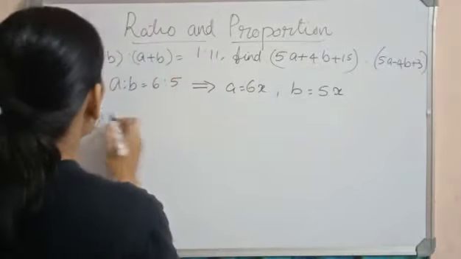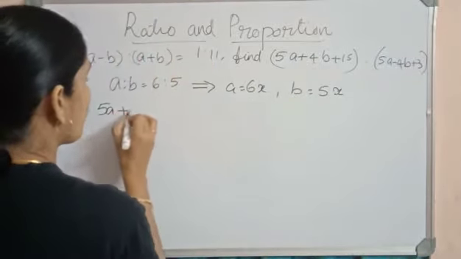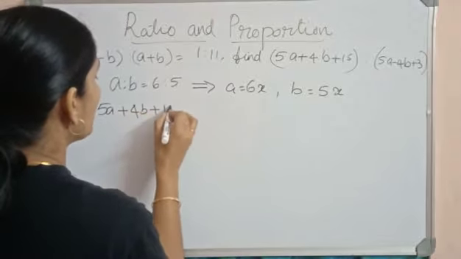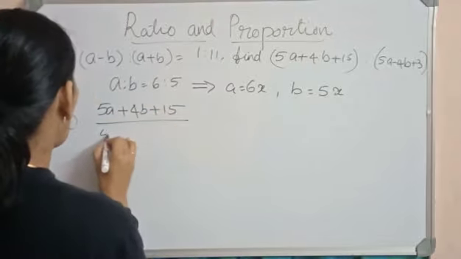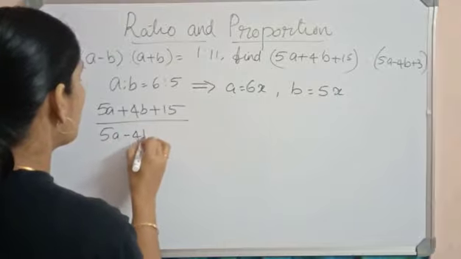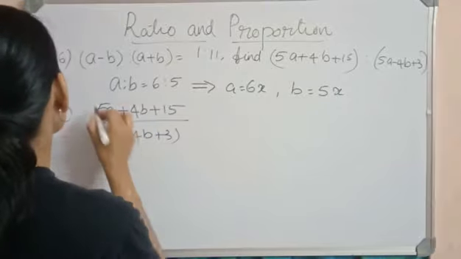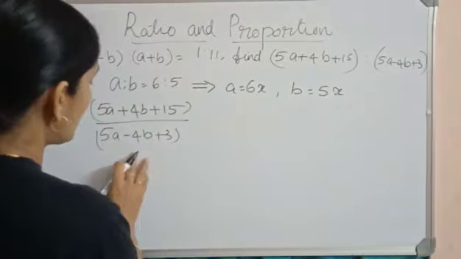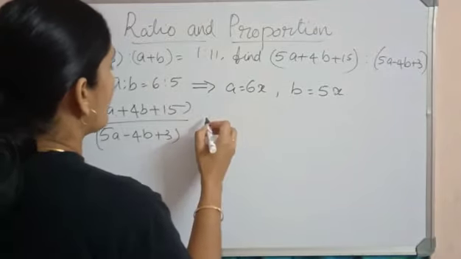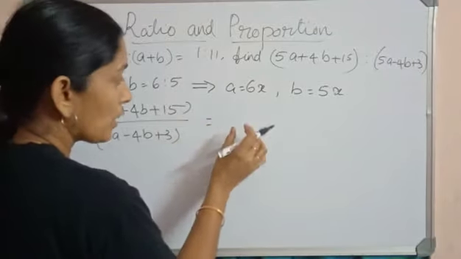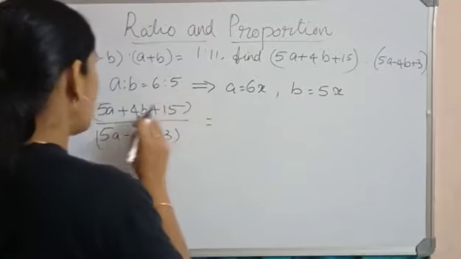Let's find the value of 5a plus 4b plus 15 by 5a minus 4b plus 3. This was given in the ratio form. We have written it in the fraction form here, and now let's substitute the values of a as well as b in this given expression.